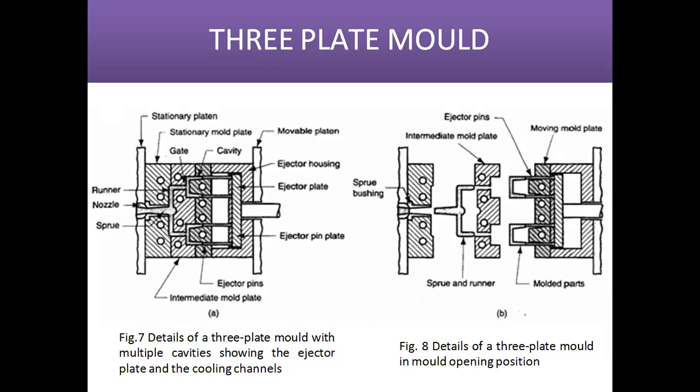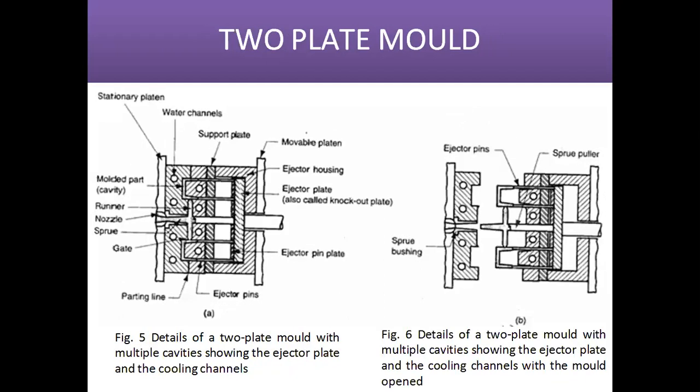Now, another thing that I forgot to tell you, that in two plate mold there is some clearance in the hole of this ejector pin. Due to the clearance of the hole in this ejector pin, some air can come into the plastic melt.